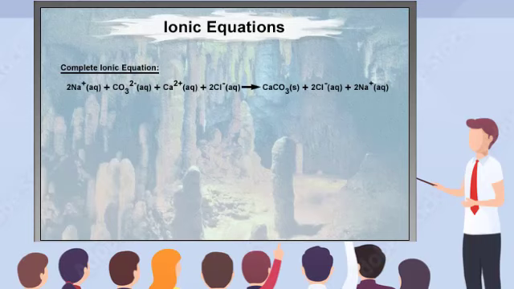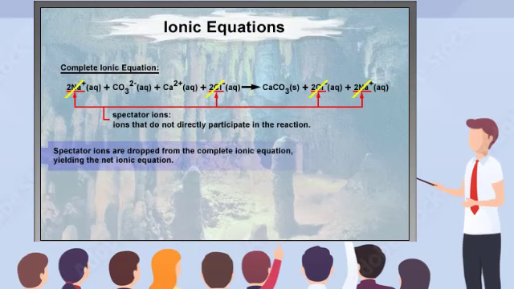Looking at a complete ionic equation, you can see that some ions appear on both the product and reactant side of the equation. The ions located on both sides of the equation do not directly participate in the reaction and are referred to as spectator ions.